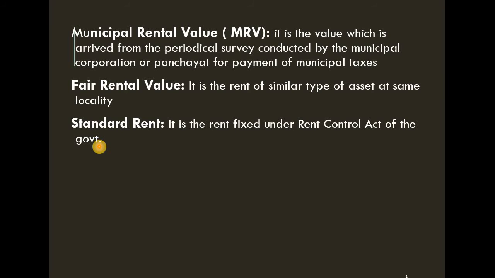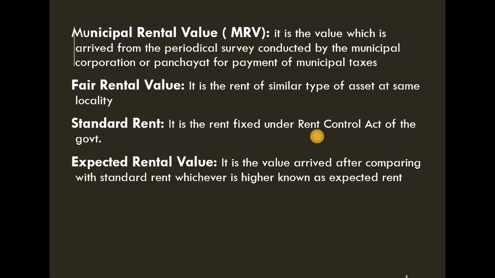Then standard rent. Standard rent is a rent fixed under the Rent Control Act of the government. So the government will fix that this is the value of rent which can be charged on this house, as per the government valuation or as per the Rent Control Act.